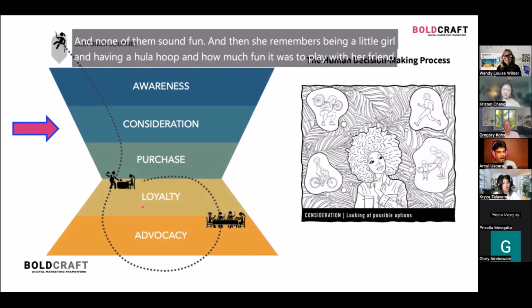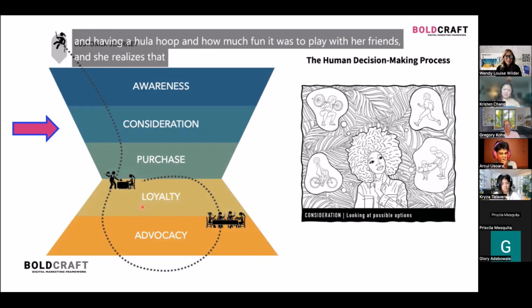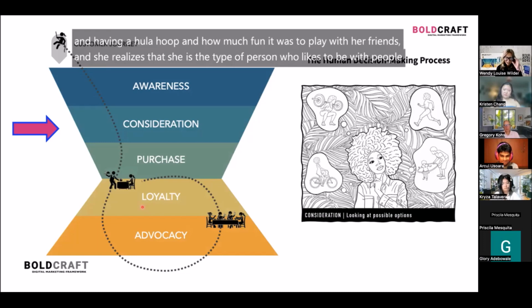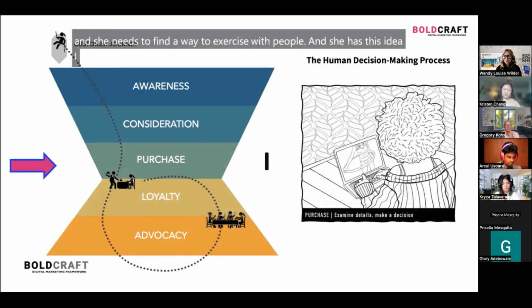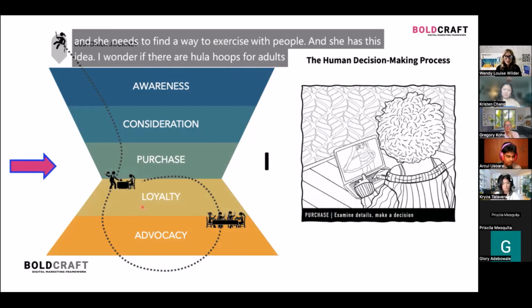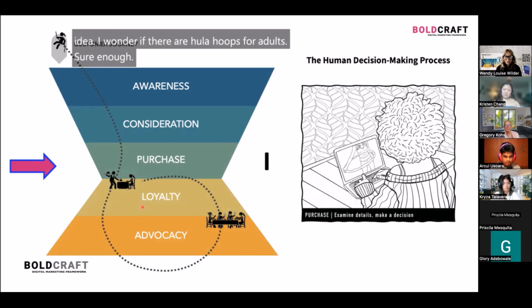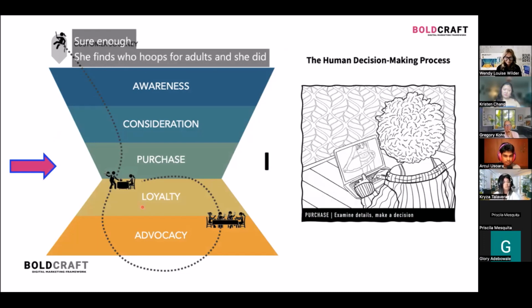And she realizes that she is the type of person who likes to be with people, and she needs to find a way to exercise with people. And she has this idea, I wonder if there are hula hoops for adults. Sure enough, she finds hula hoops for adults and she decides to buy one.